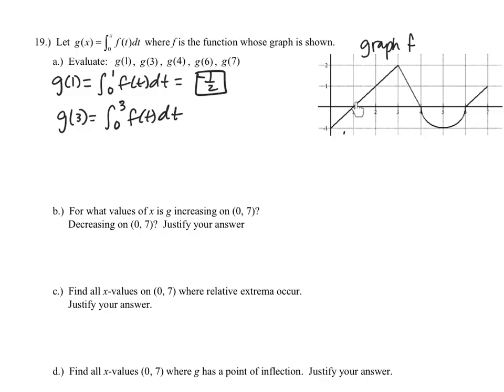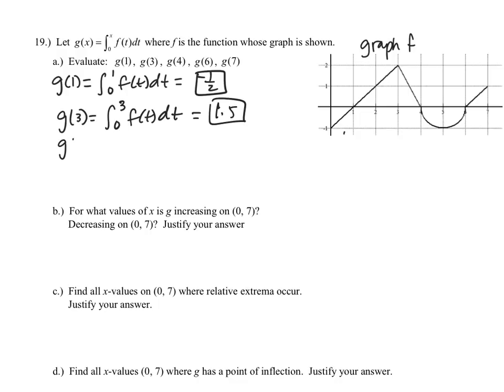So this area is positive, that's a triangle whose area would be 2. But we need to subtract this negative area here. I say negative area, but I mean area whose integral is negative. So this would be 2 minus 1/2, that would be 3/2. So g of 3 is 3/2 or 1.5. Doesn't matter whether you write it as a fraction or a decimal.